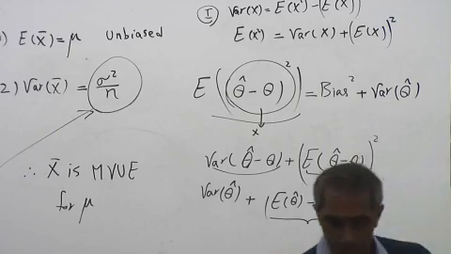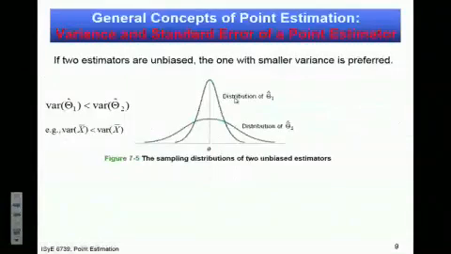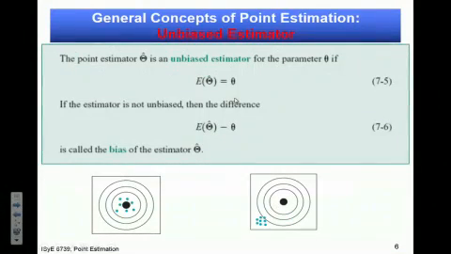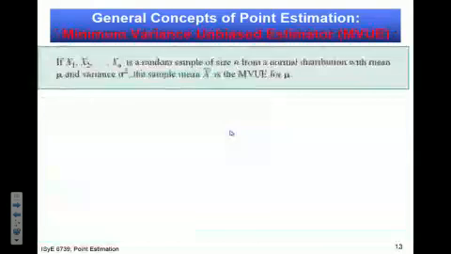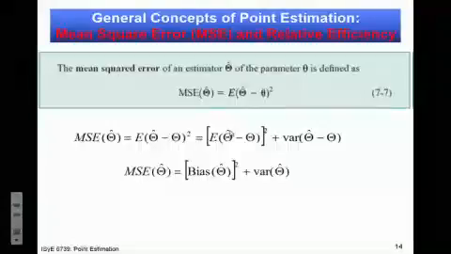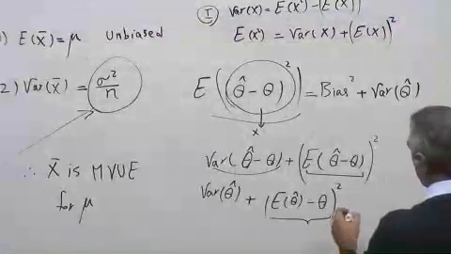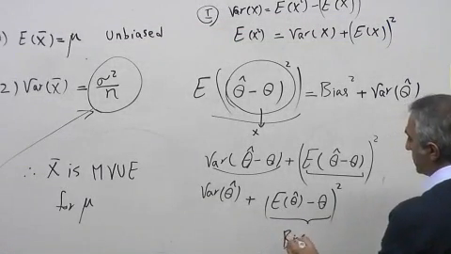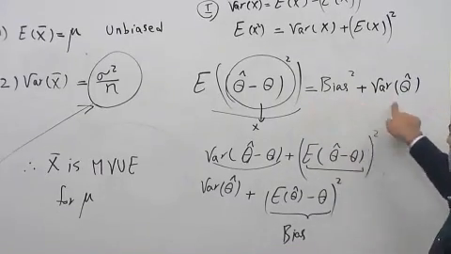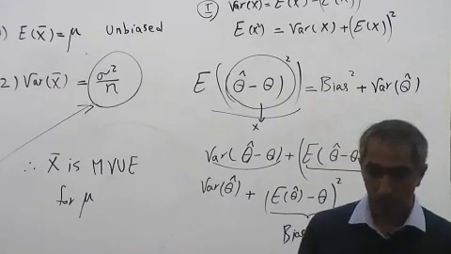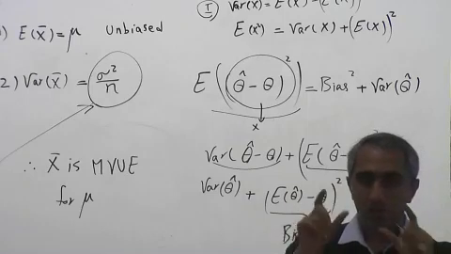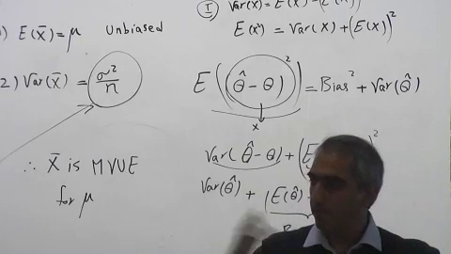If I go back, that's the definition of bias. You can see that, right here. So it's bias. That's why I said this is bias squared plus variance of the estimator. So every time, you calculate the bias squared and the variance, and then add them up.